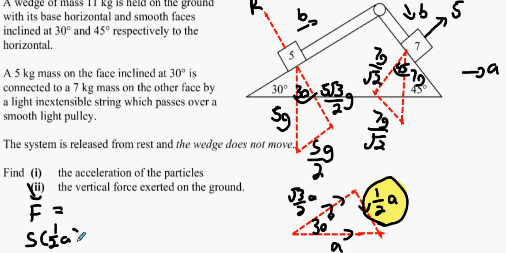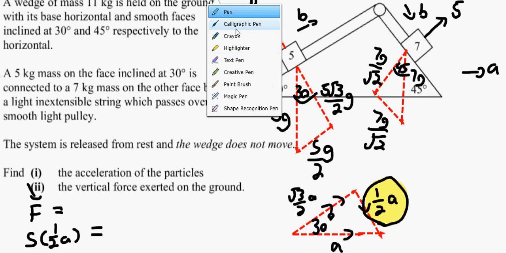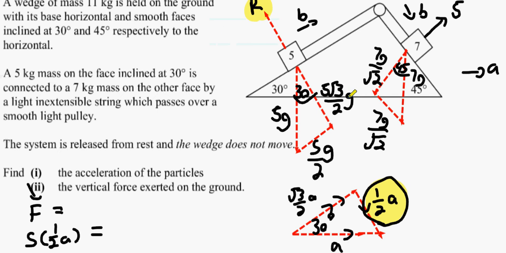Then I'd look at what components are in that direction, and the two components are R and 5 root 3 over 2 G. The one going down beats the one going up. I'm going to use this anyway, Connor, so good thing that we're doing this. So what happens here is I end up saying, no bother, it's 5 root 3 over 2.